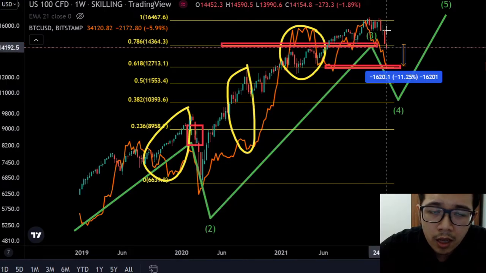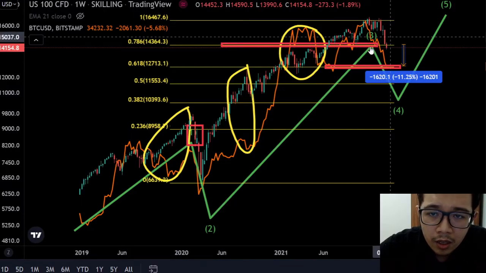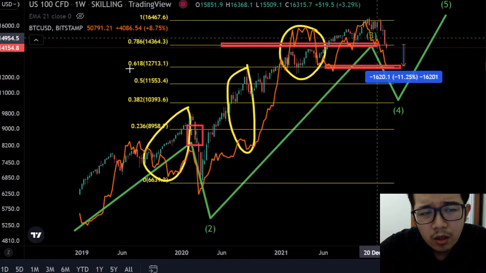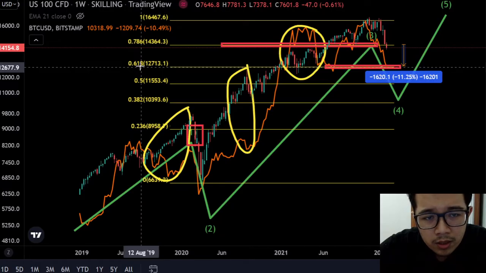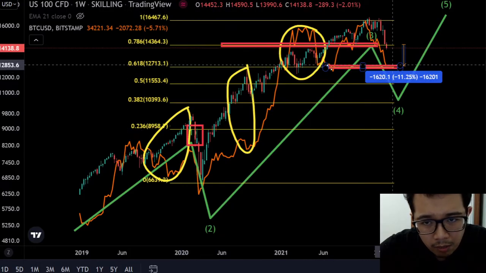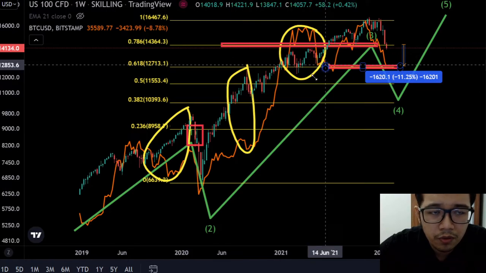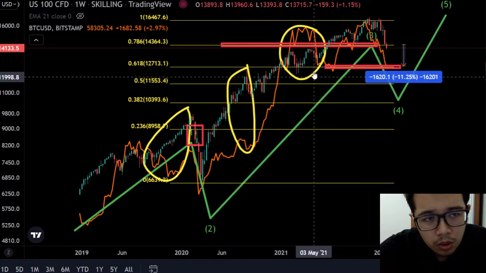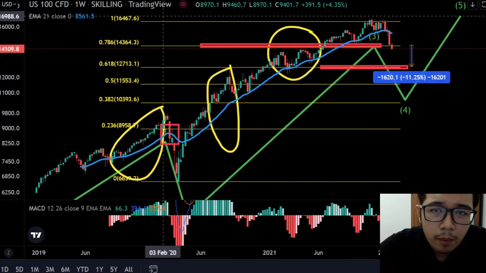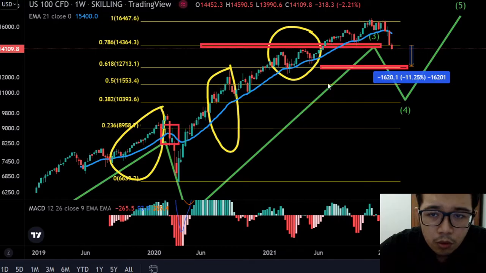That's why the Nasdaq closed the weekly candle here. And then the potential bottom may be going to the 0.6 Fibonacci retracement here. So the second red line, maybe this is the next target if Bitcoin is going down and Nasdaq going down. Maybe I will zoom in for you so it is easier to see.